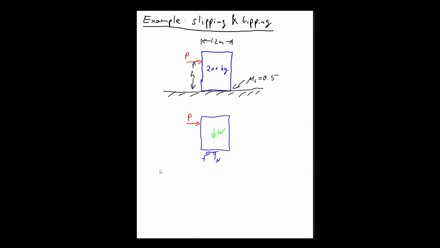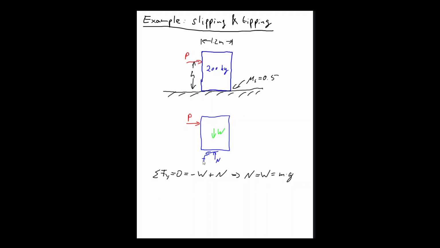So we can say sum of forces in the y direction equal to 0 is, what do we get? Minus W plus N. That means my normal force is equal to W, which is equal to M times G. We'll just leave it as M times G for now.